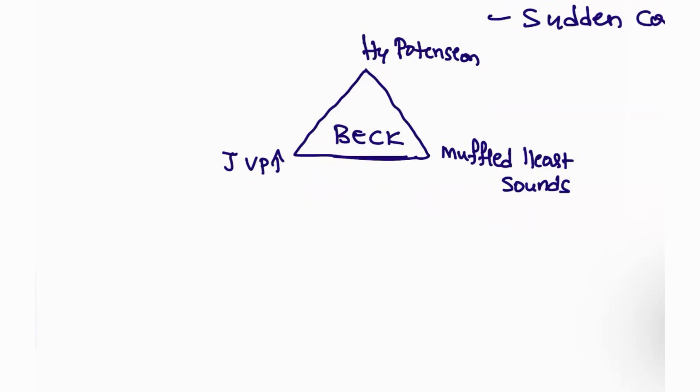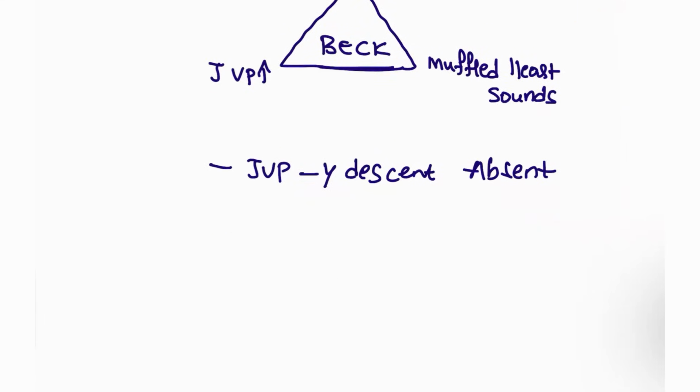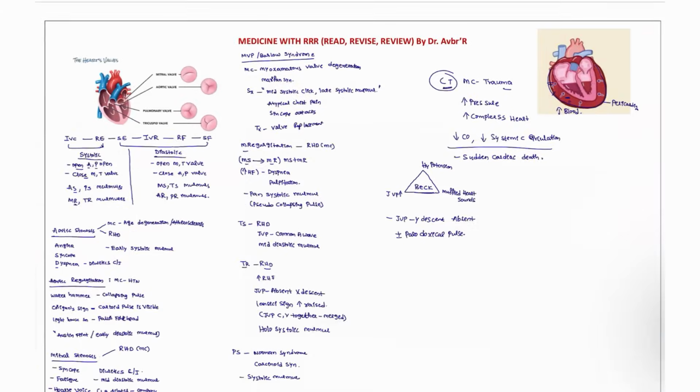On the JVP waveforms, the Y descent is absent. Next, a paradoxical pulse is also seen in this patient. This is what you have to see in cardiac tamponade.